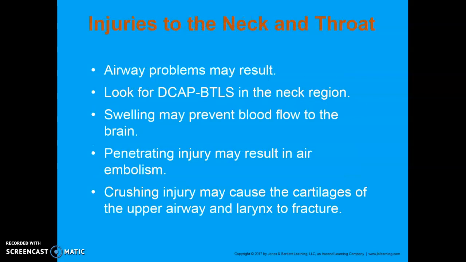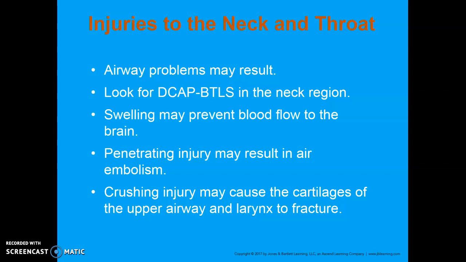Injuries to the neck and throat, the biggest problem here would be airway problems. The trachea can become torn, it can swell, which can become a serious life threat. In our assessment, we're going to look for DCAP-BTLS in the neck region, and then also assess for jugular venous distension and tracheal deviation.